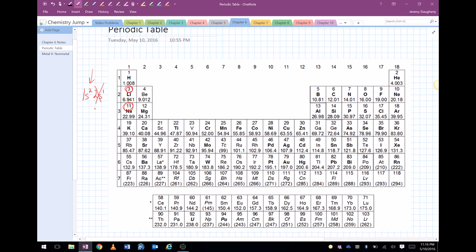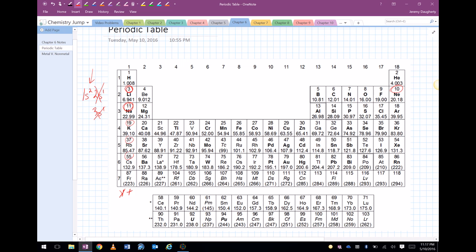It has that 3s1. If it lost that, now take a look, it has 10 valence electrons, which means that it has a full s and p orbital. We'll see that same trend all the way down. So all of these group 1s will always form a positive 1 charge. Now we don't typically write the 1, because the positive is a 1 charge.